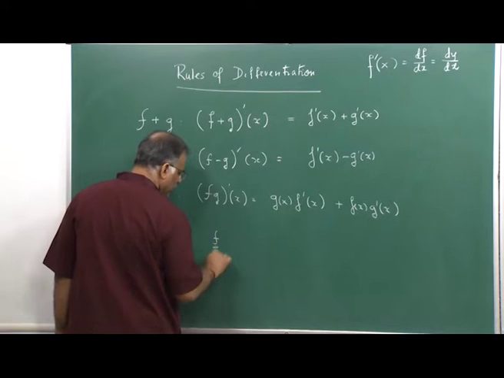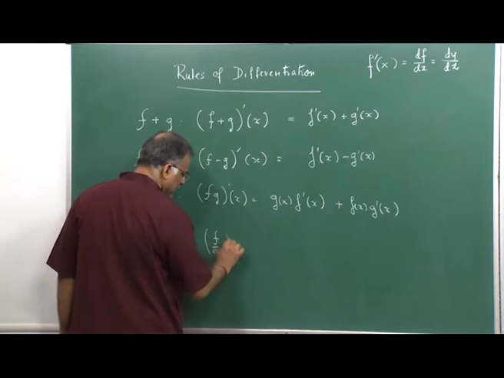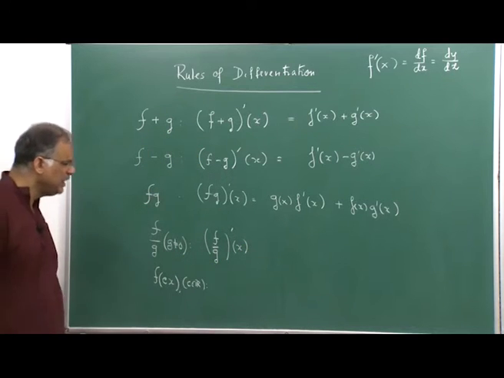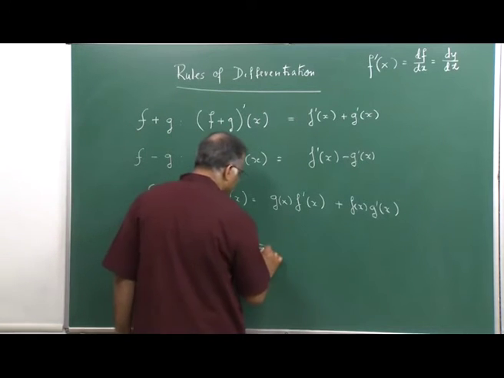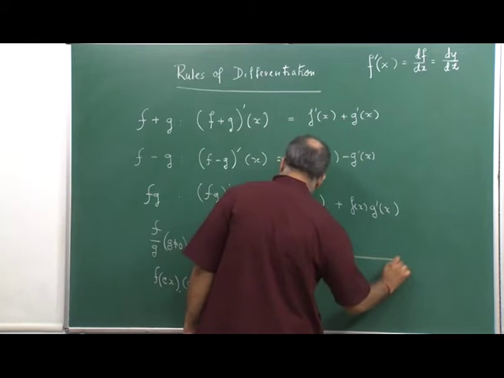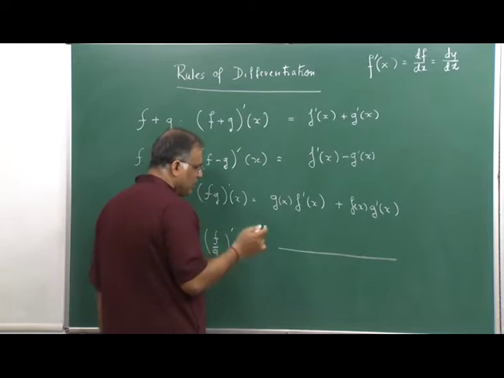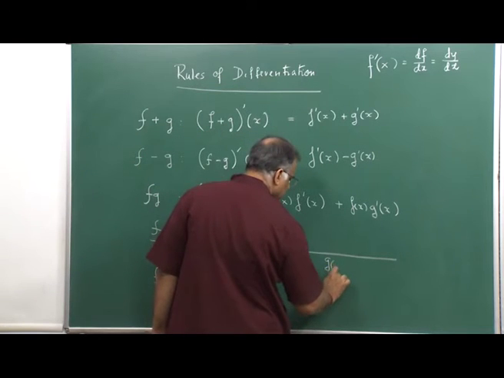Of course, g of x cannot be 0 for any x. So, when I want to evaluate this, it is a slightly tricky one, but again it is the same thing that you do, because this is nothing but f multiplied with 1 by g, where g is a non-zero function.